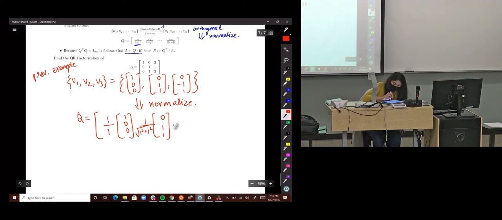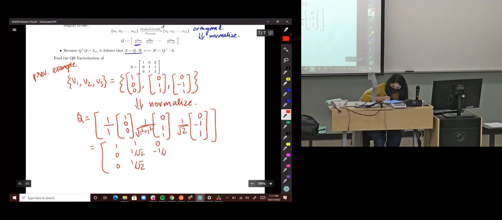And then the third column is 0, minus 1, 1. And then again, the norm is root 2. So then our Q matrix becomes 1, 0, 0, 0, 1 by root 2, 1 by root 2, 0, minus 1 by root 2, and 1 by root 2.